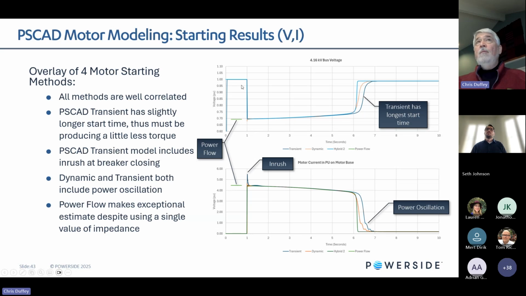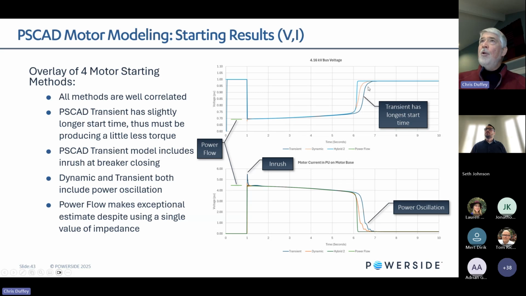Look at the power flow, the voltage dip, the current impact it's showing. It's right at the beginning of the starting condition, which is great. This is a hand calculation you can perform also. You can calculate this voltage dip and this current by hand and see how close you get. But this is a good indication as to whether your dynamic or your time simulation is realistic and in the ballpark.